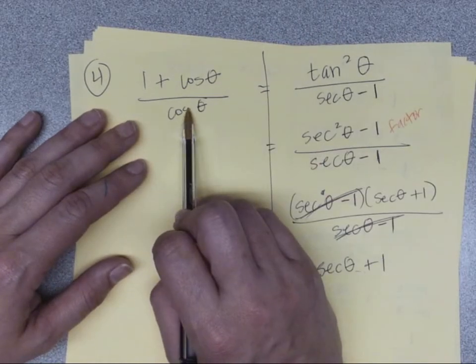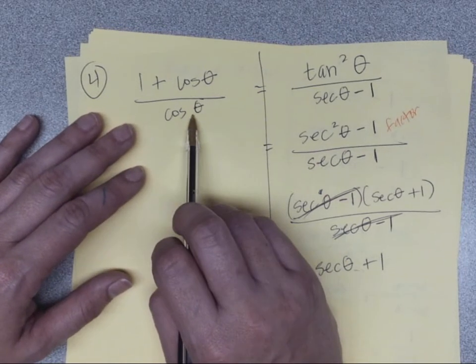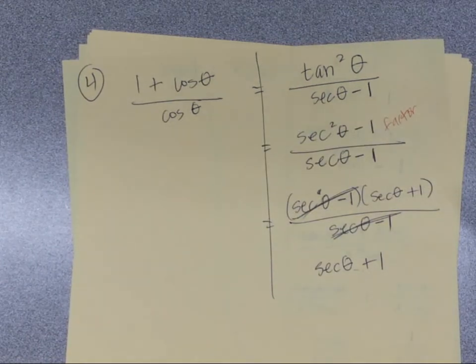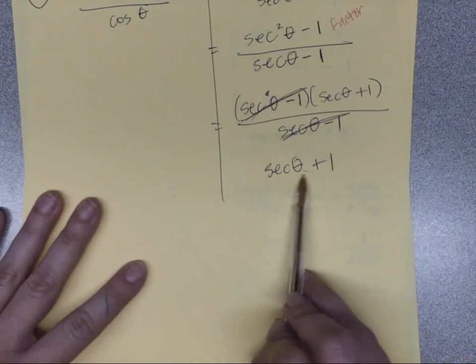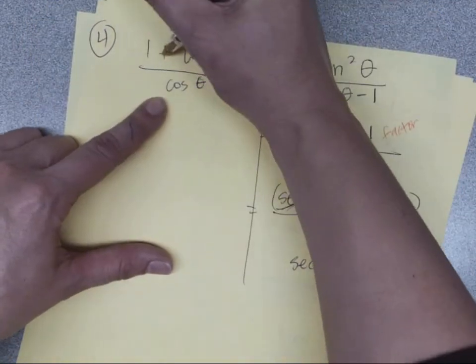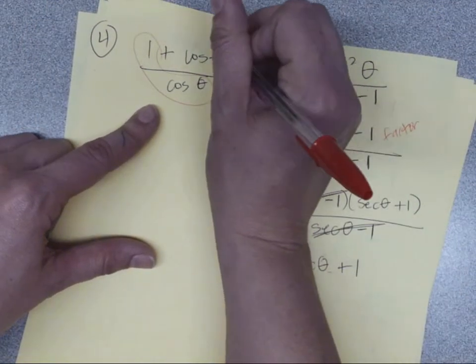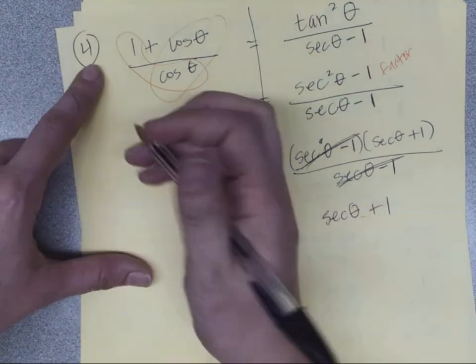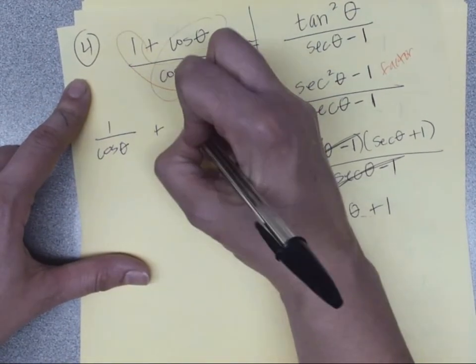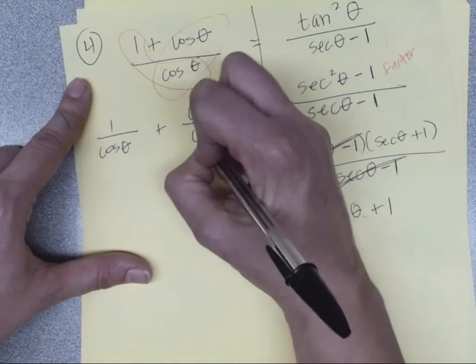I can't replace it with secant or sine or cosine or anything because it's already in cosine. So I'll notice this is 2 things, can I turn this into 2 things? Yes. If you have 1 thing in the denominator, you can turn it into 2 different fractions. So one of the fractions would be 1 over cosine theta. The other fraction would be plus cosine theta over cosine theta.